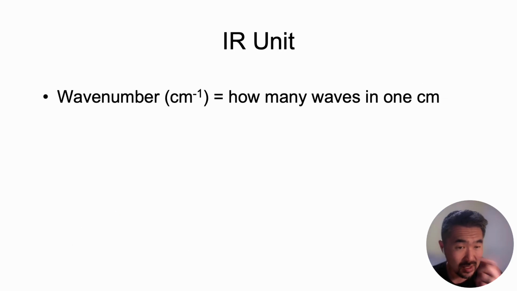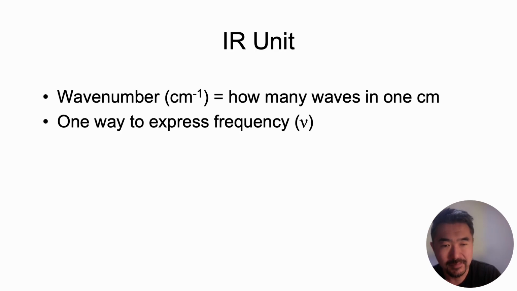And like I said, wave number is a different way of expressing the frequency. The wave number is just another way of saying how many waves of the electromagnetic radiation wave function there are in a centimeter.